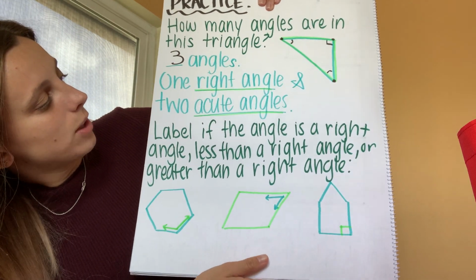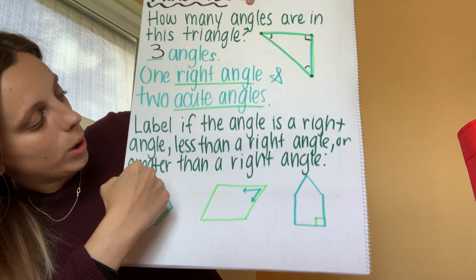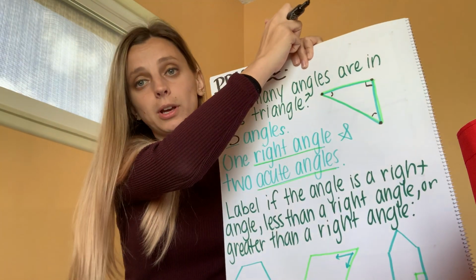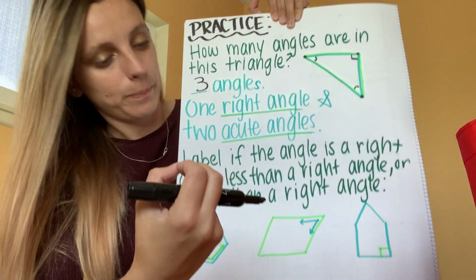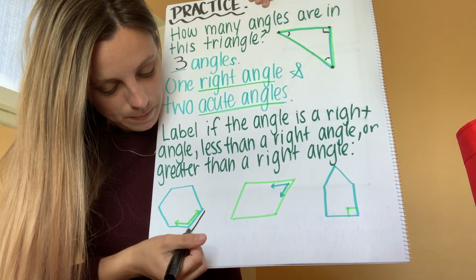So label if the angles below are right angles, less than a right angle, or greater than a right angle. So I'm going to use the vocabulary I taught you. You're welcome to write less or greater if that works better for you. So here I see I'm looking at this angle in particular.